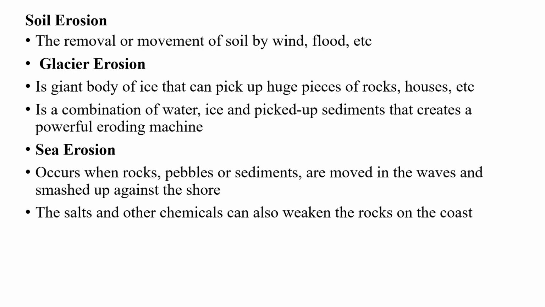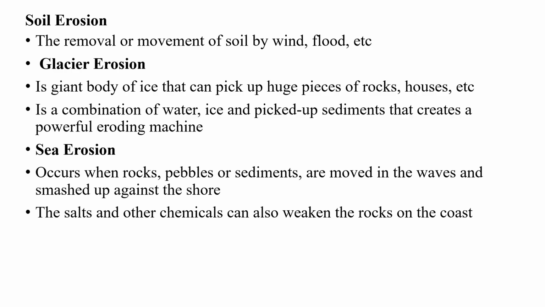Then we have another type of erosion that is referred to as glacier erosion. Glacier erosion is when you have a giant body of ice that tries to pick up huge pieces of rocks or houses.